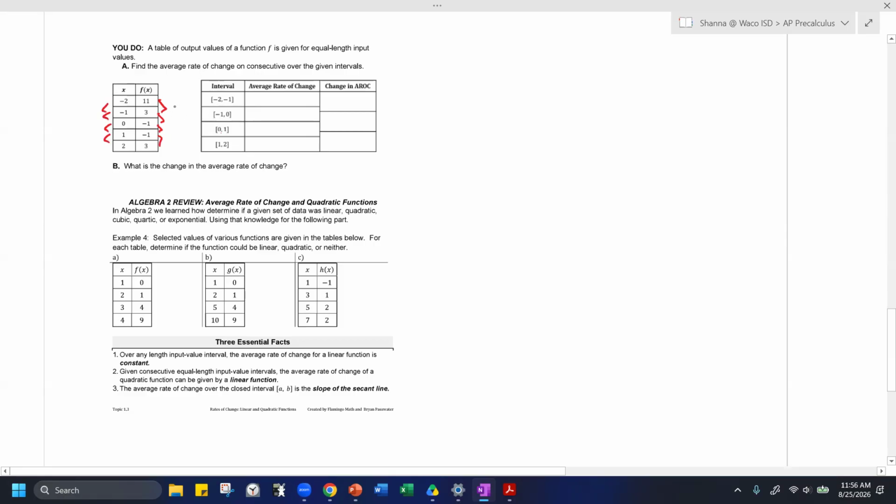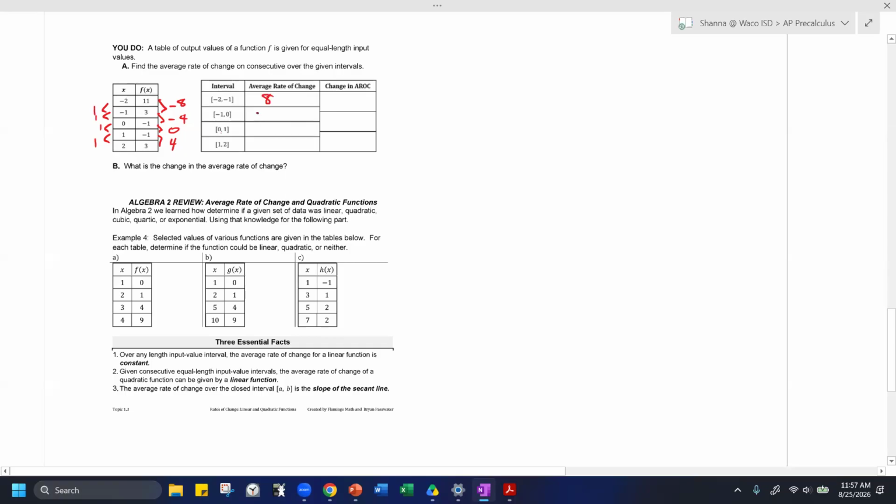So 3 minus 11, that would put you at -8. -1 minus 3, that would have put you at -4. -1 minus -1 would have put you at 0. And 3 minus -1 would have put you at 4. On this side, we have -1 minus -2, which puts you at 1. 0 minus -1 puts you at 1. 1, 1. So now you're finding the slope. Thankfully, it's all ones. Look how nice I am.